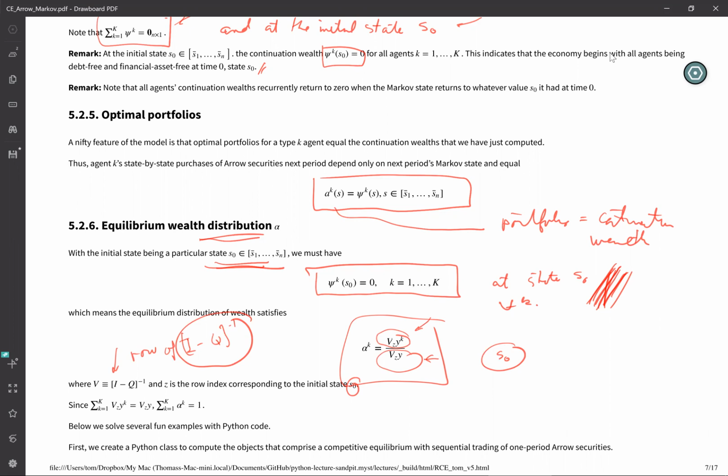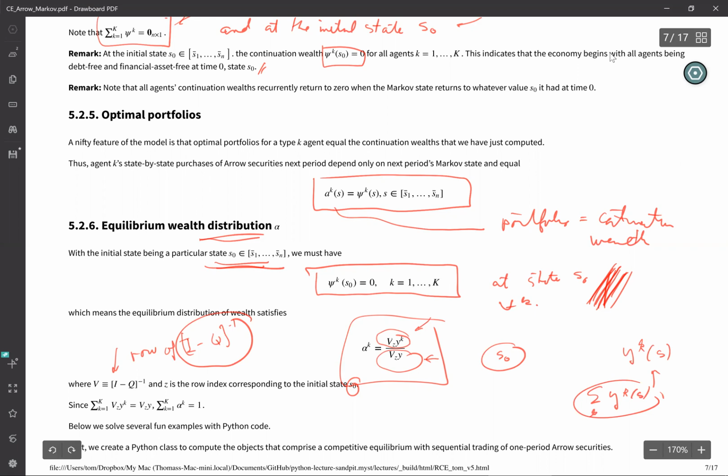So, do I have everything I need to compute this? Well, the answer is yes. What do I need? Y k, yes, that's exogenous. The denominator is just the sum of the Y k's, state by state.